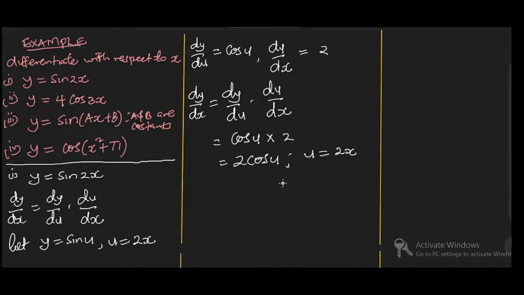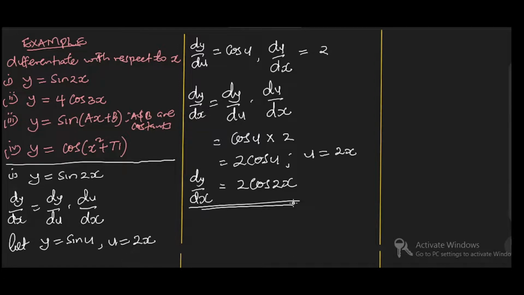So you do the substitution, and this will be equal to 2 cos 2x. This will be your differentiation of that given term, and this will be your answer. So once you know the differentiation of sine and cosine, you just carry on with the substitution.